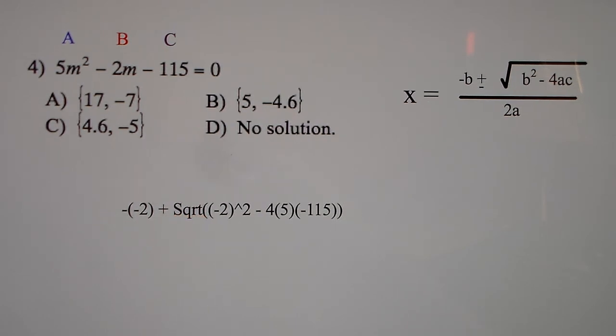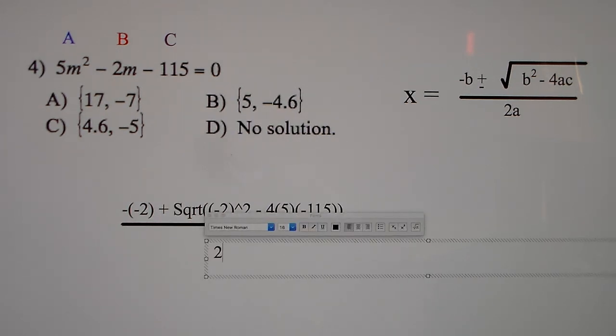Then we're going to divide it by 2a. Divide that by 2 times a. And our a value is 5.